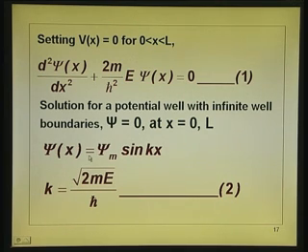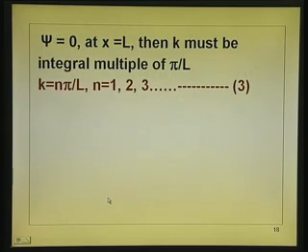Now, here psi of x should be equal to 0 at x equal to L. So, now k will take only certain values, k is actually a wave number which is root of 2mE by h bar.